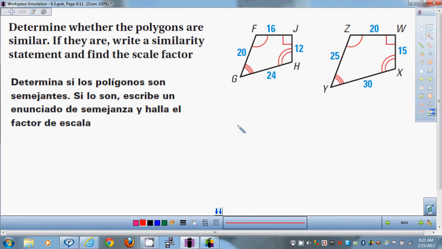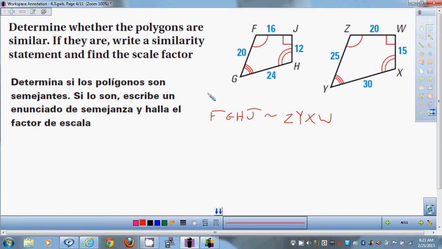So, here we go. Now, let's go ahead and put those angles. By what Sage just told me, F went with Z, G went with Y, H went with X, and J went with W. That was the order she gave me. So we are thinking this is going to be the case, but we still have to see that the sides are proportional in order to say that.